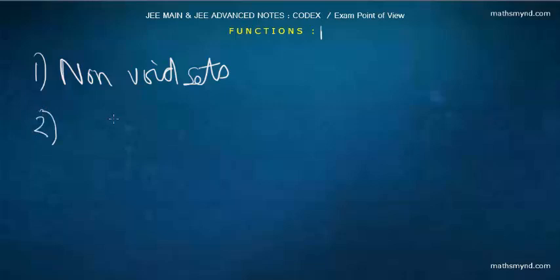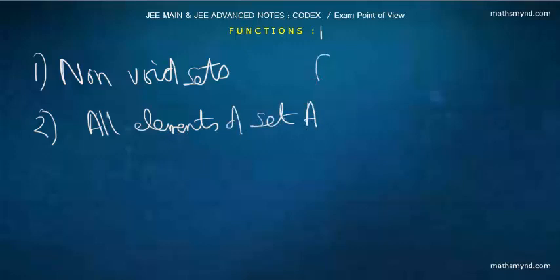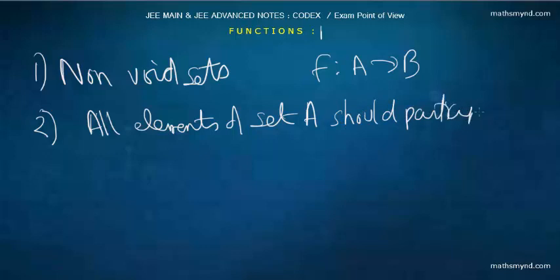The second point is that for a proper function, if you are dealing with a function from A to B, then all elements of set A should participate.